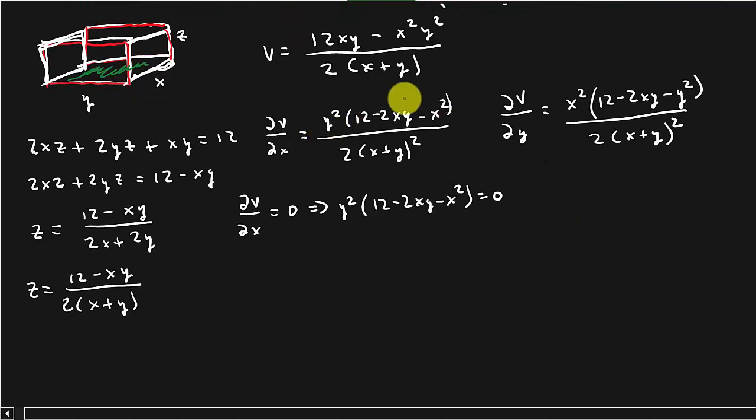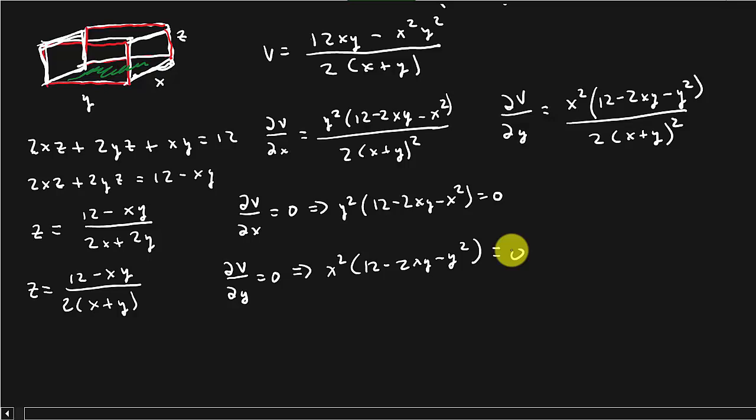Because when is it 0? When the numerator is 0. And then we take the partial of v with respect to y equals 0. And so that means x squared times (12 minus 2xy minus y squared) equals 0.